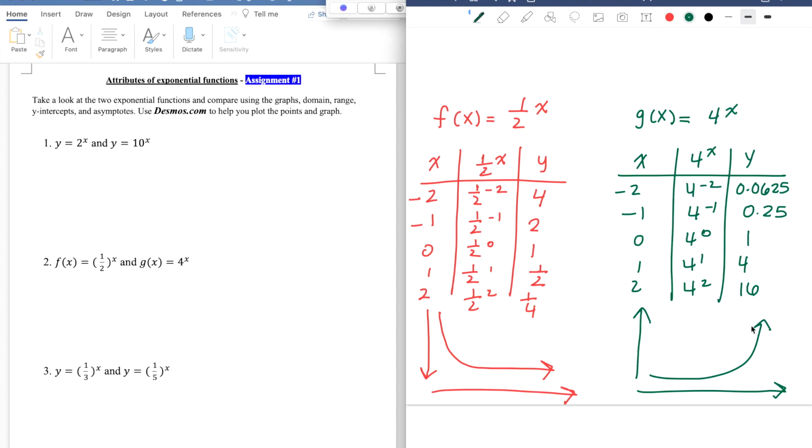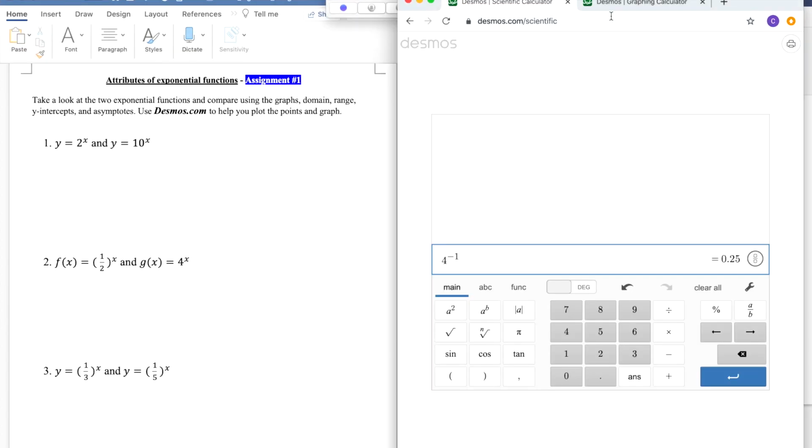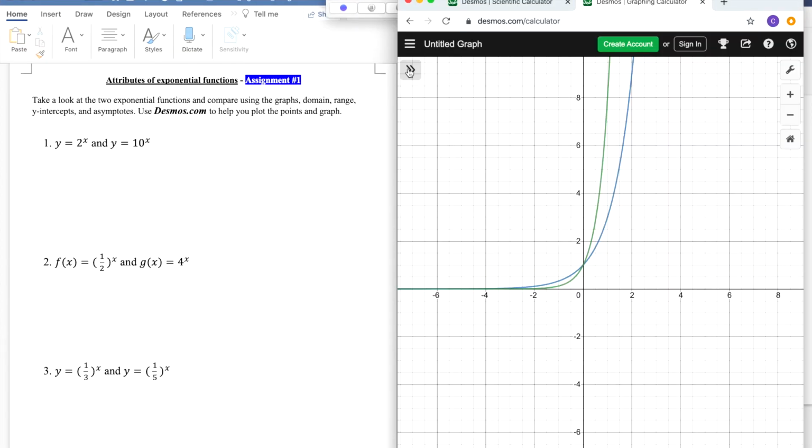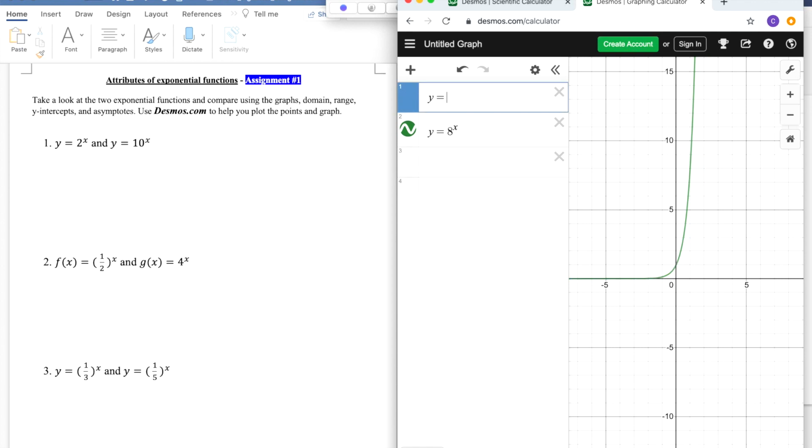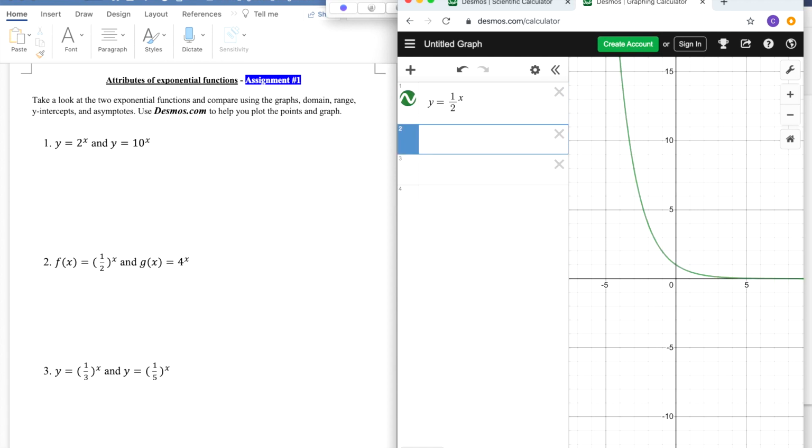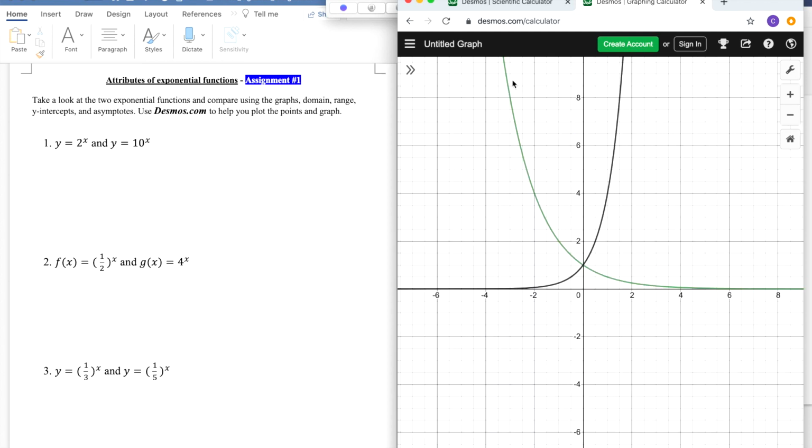But just to make sure, let's graph it on Desmos. Okay, I'm going to delete all this. And we had 1/2 to the power of x, 4 to the power of x. There you go.